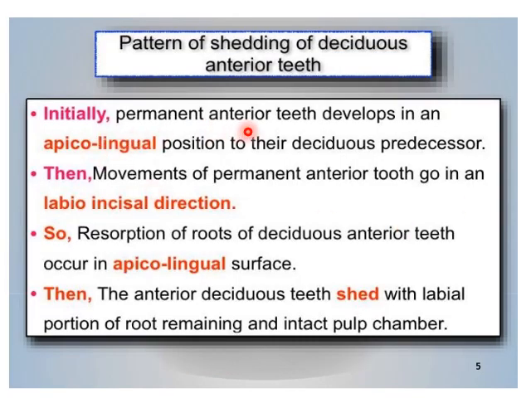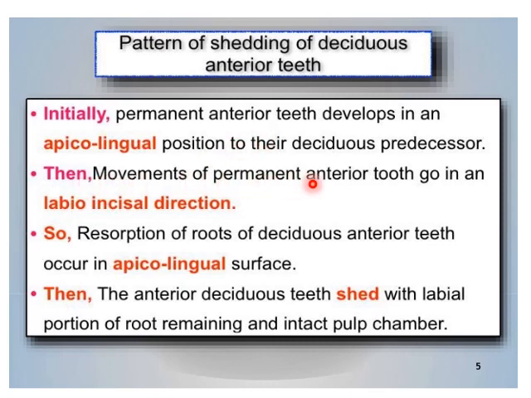Initially, the permanent anterior teeth develop in an apicolingual position to their deciduous predecessor. As we said before in previous lectures, the permanent anterior teeth develop in a location lingual to the incisal edge. Then, when the deciduous tooth erupts, the permanent tooth's position is in the apicolingual direction.